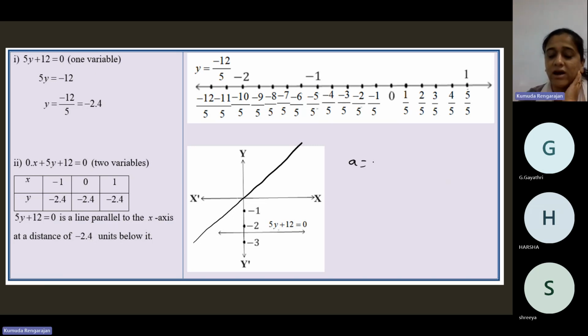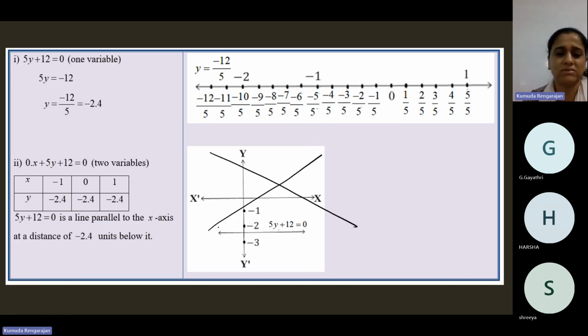If either A or B is 0, it will be a line parallel to the x-axis or y-axis. If C is 0, then the line will pass through the origin. If you have non-zero values for A, B, and C, then it will be a straight line. It can go like this.